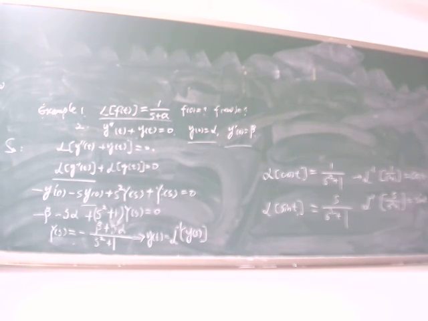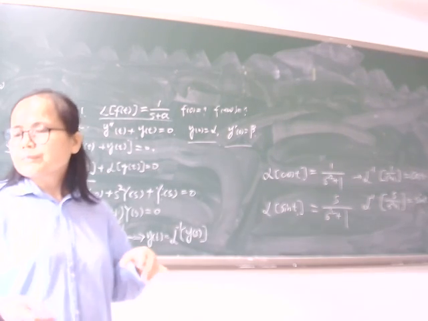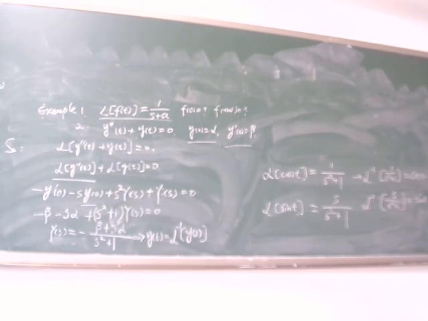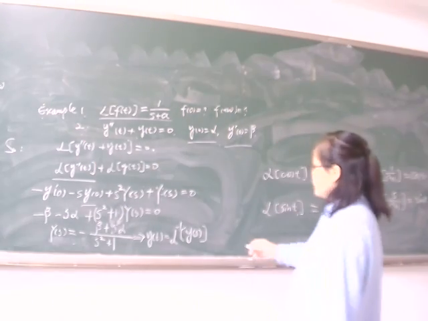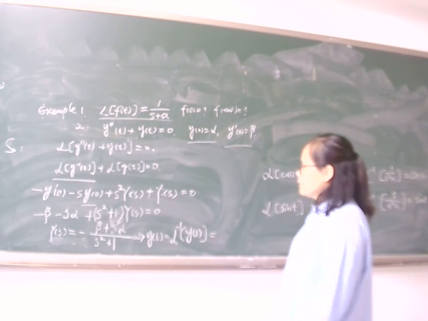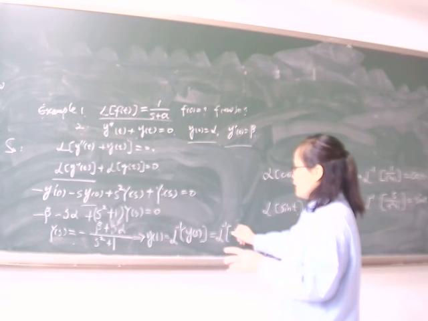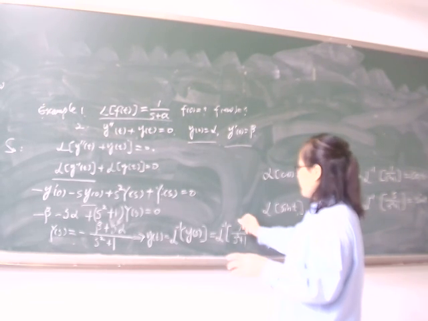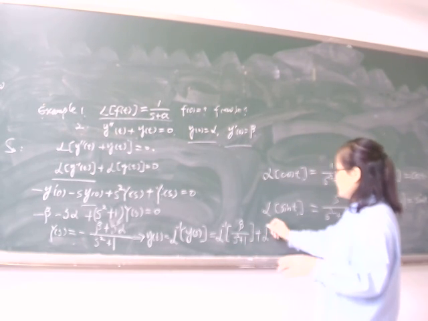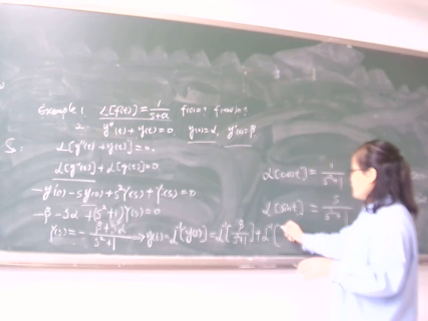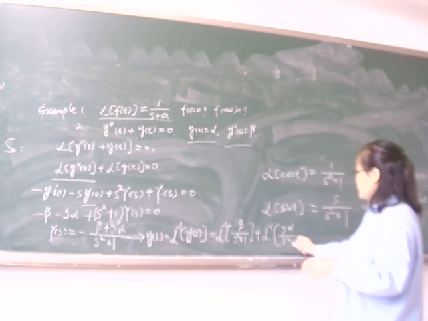So we have something like this. This is the inverse Laplace transform of beta over (s squared plus 1), plus the inverse Laplace transform of s alpha over (s squared plus 1).